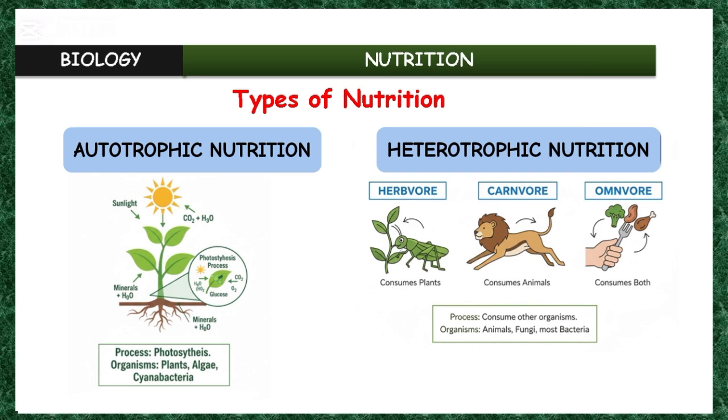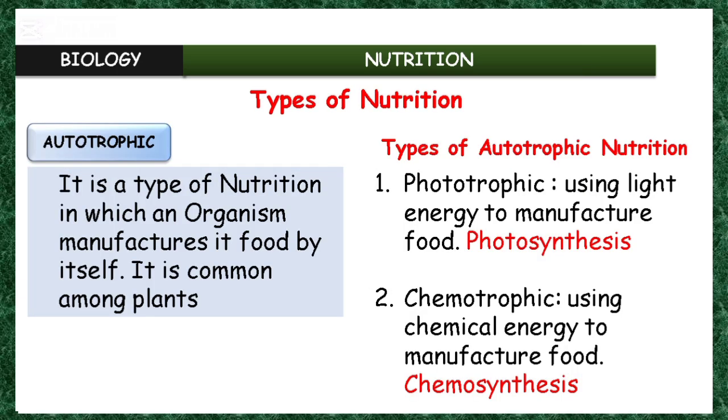So under autotrophic nutrition, we have two main types. We have the phototrophic and we have the chemotrophic. Phototrophic nutrition is a type of nutrition in which the organism involved makes use of light energy to manufacture glucose or its own food.